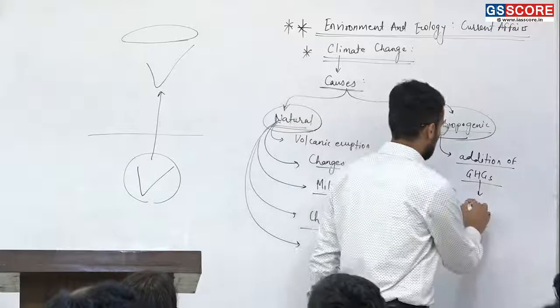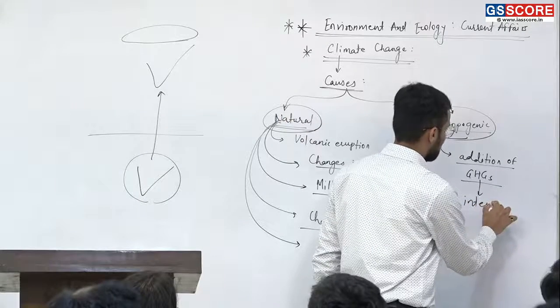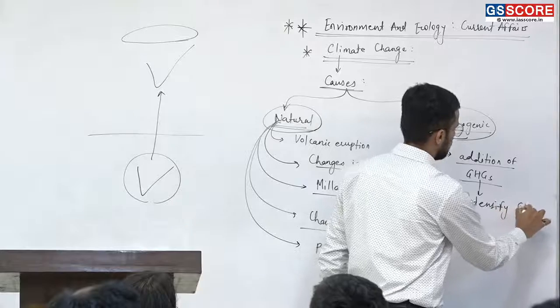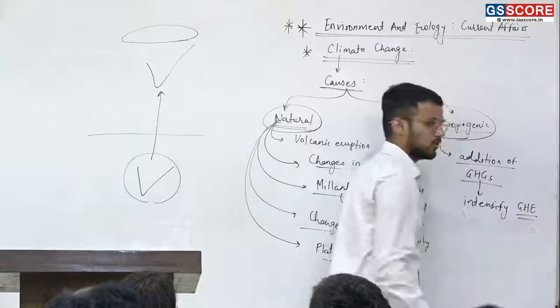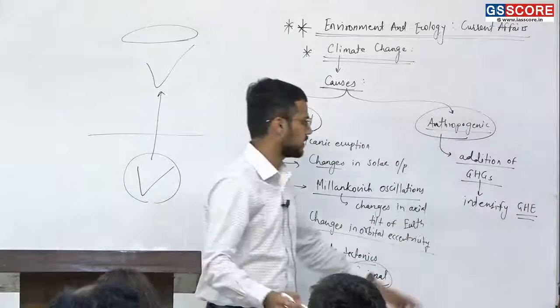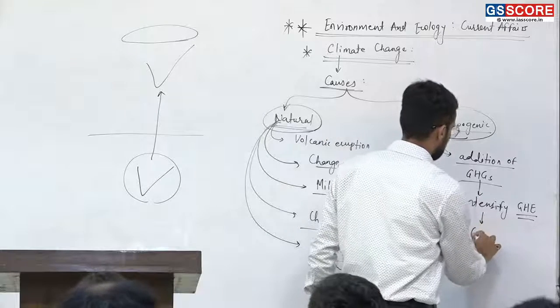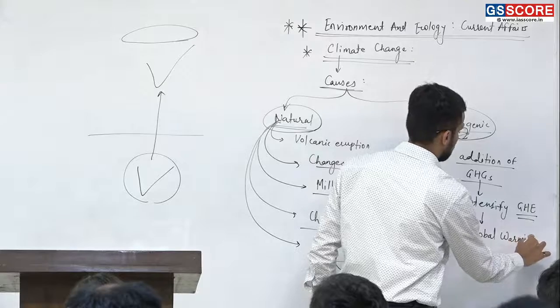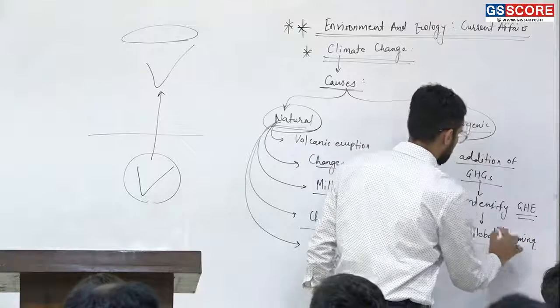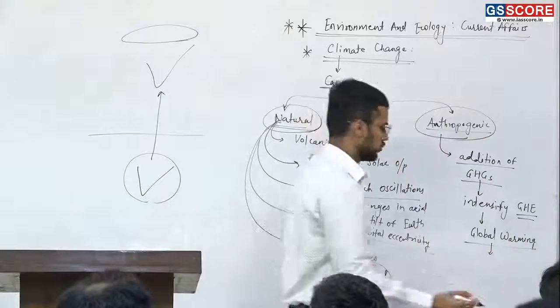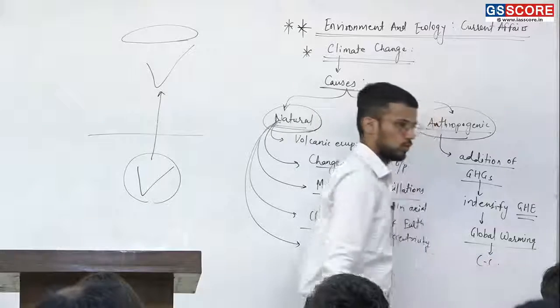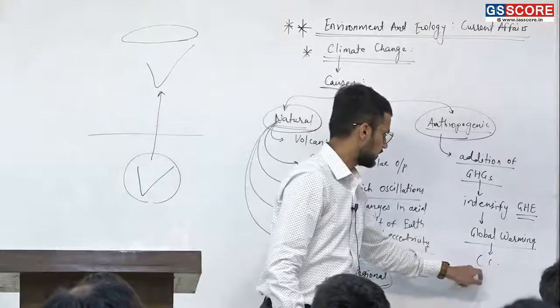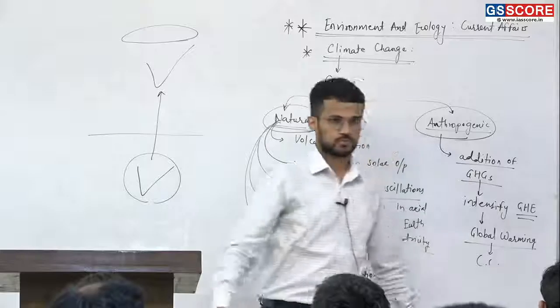As a result of the intensified greenhouse effect, we witness global warming. And this global warming leads to climate change. Global warming is a process that leads to climate change.